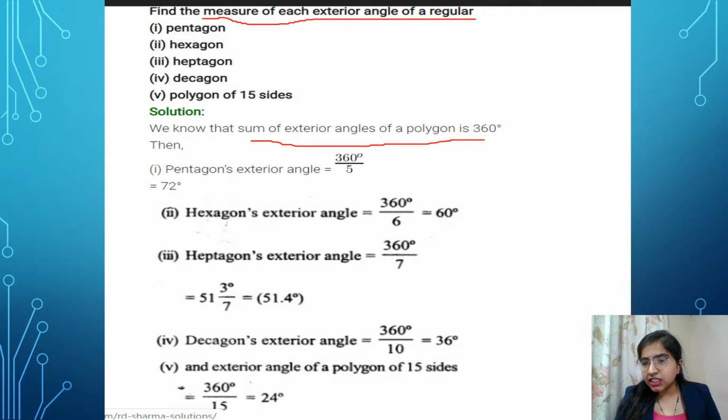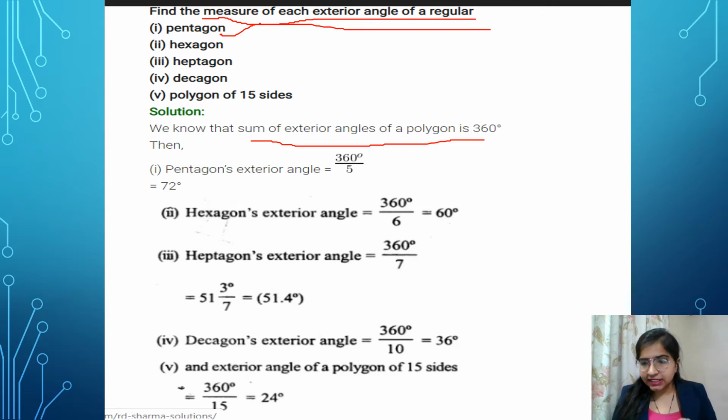The sum of exterior angles of a polygon is 360 degrees. And if you want to find the measure of each exterior angle of a regular polygon, then you must know its sides. In a pentagon there are 5 sides.